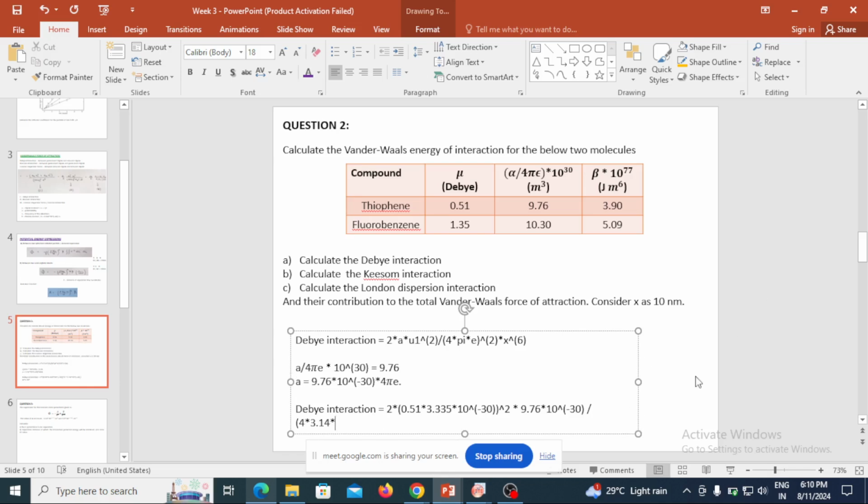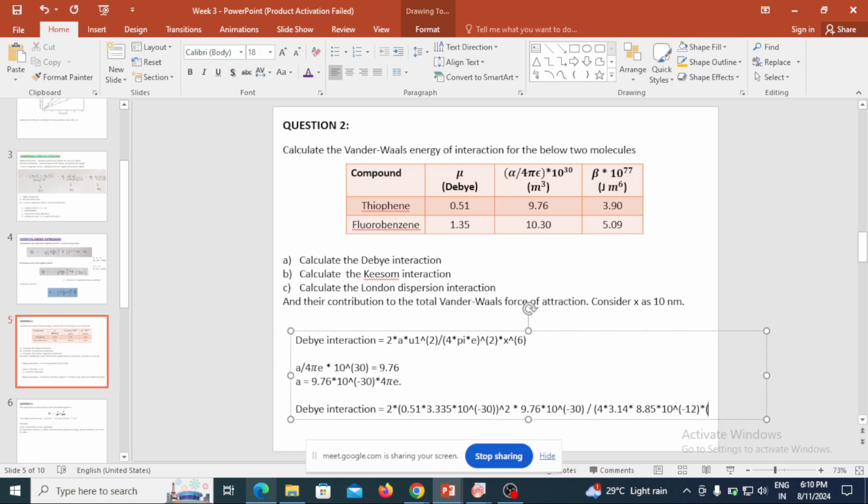And what is the value of epsilon? Anyone? Epsilon, that is 8.85 times 10 to the power minus 12, right? This times x power 6, and x is given as 10 nanometer. So 10 nanometer, when you convert it into SI units meter, it is 10 into 10 to the power minus 9.